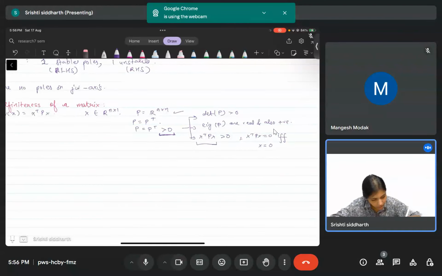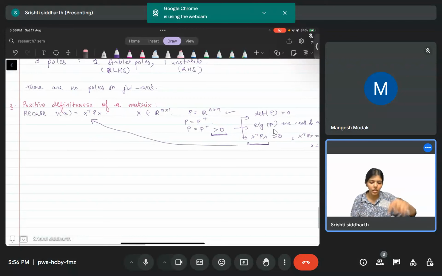So observe that we are using this form, and this is also the form which we are using in the Lyapunov function.